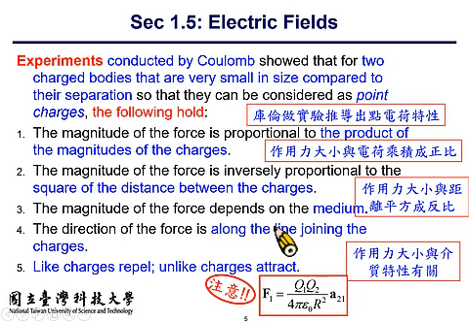For a point charge, say a positive charge Q, the electrical field established by this point charge points outward uniformly, isotropically.